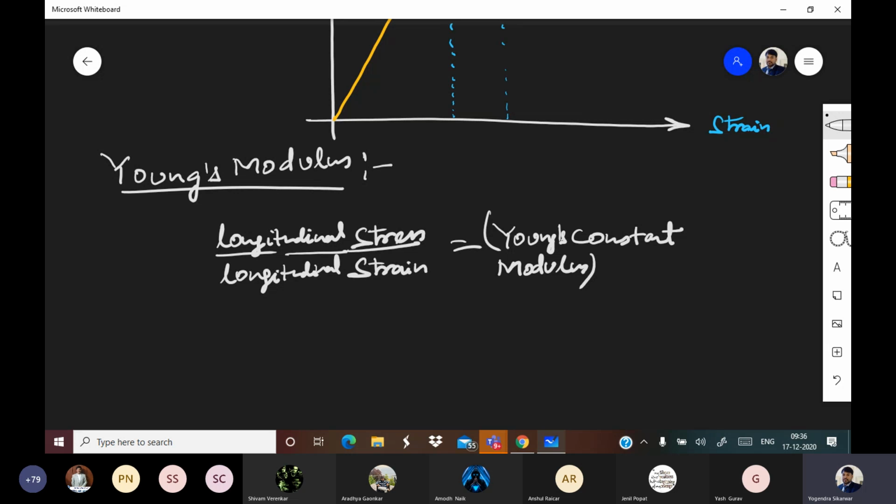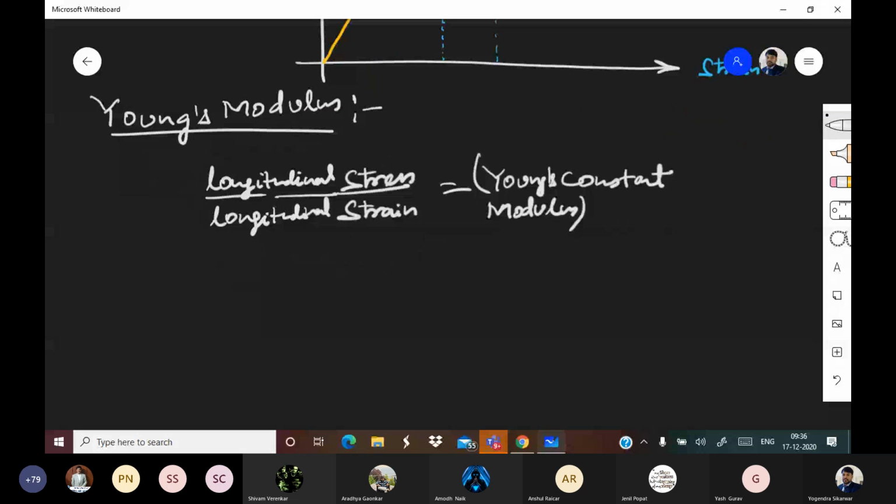So the provision was already there by Hooke. Mr. Young utilized that and said, okay, read this, study this from now onwards. So please write in words.